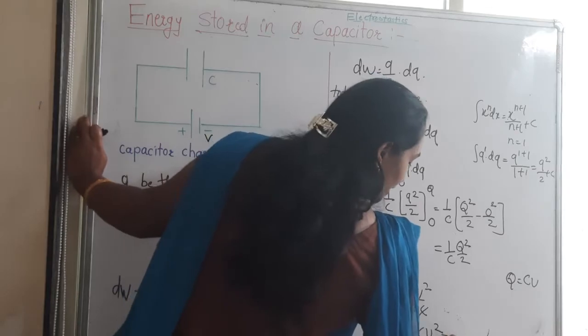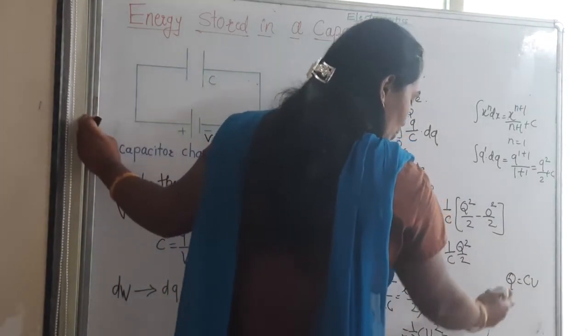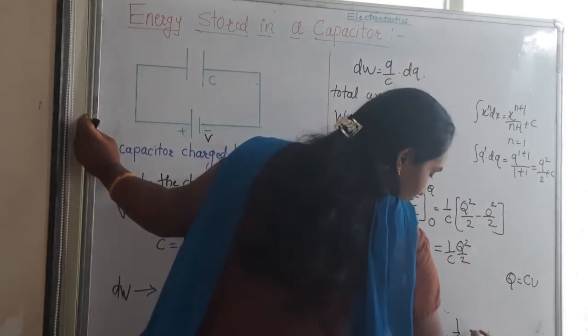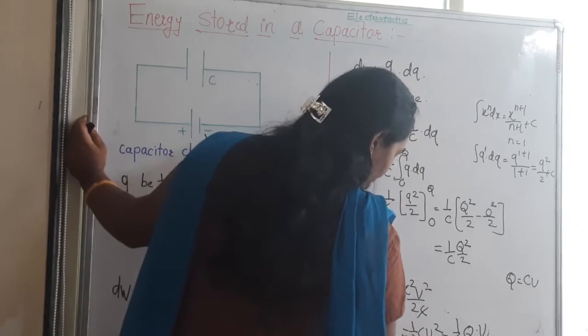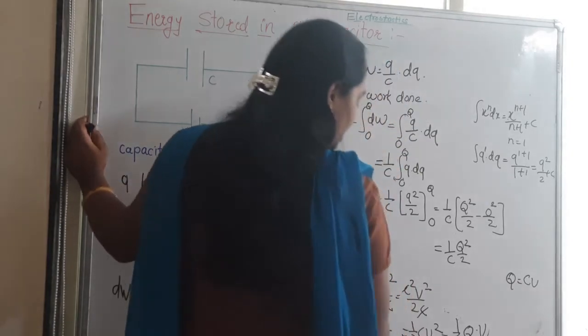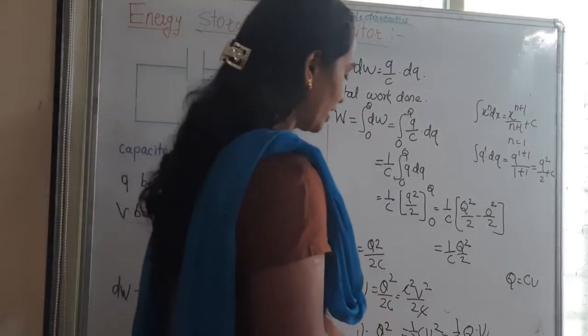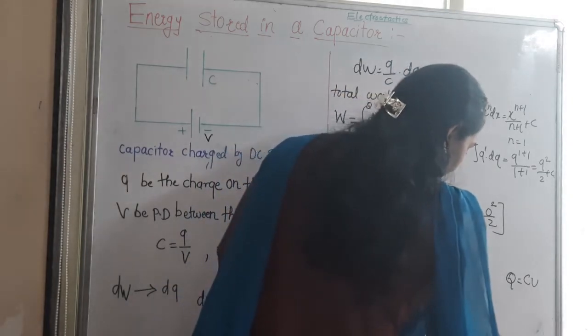Also, substituting CV for one Q, we get half QV. These are the different forms of the potential energy.